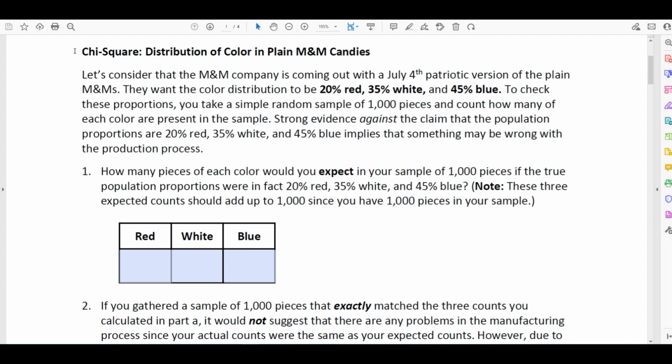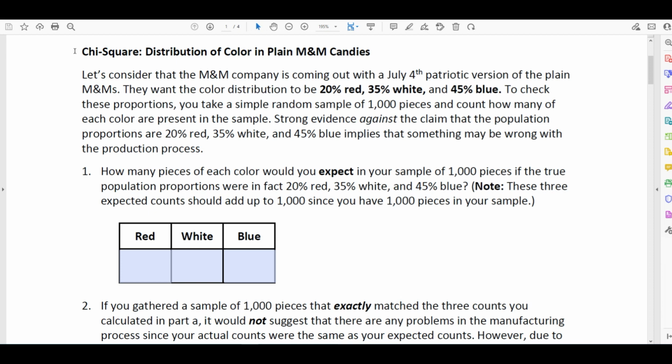Let's consider that the M&M company is coming out with a July 4th patriotic version of the plain M&Ms. They want the color distribution to be 20% red, 35% white, and 45% blue.